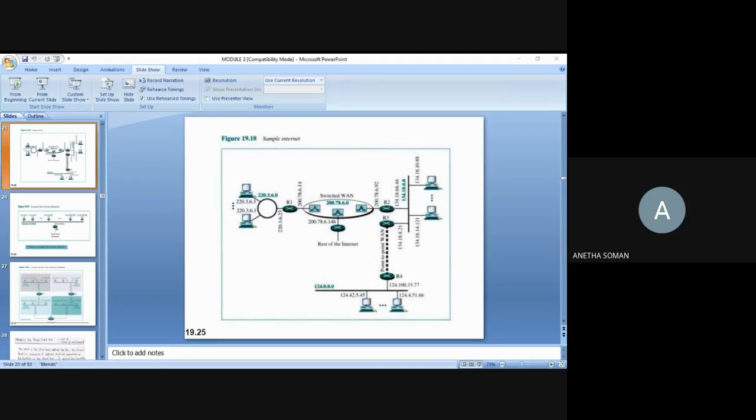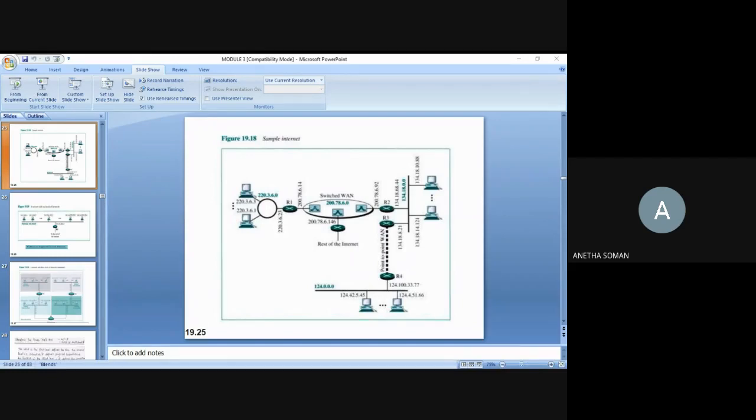First step is... Ajmina, tell. How will you find the network address? First number, to which block, which class it belongs.